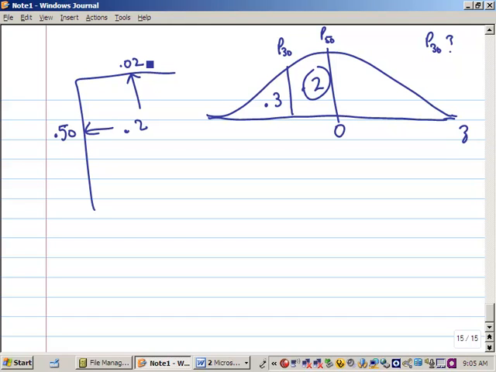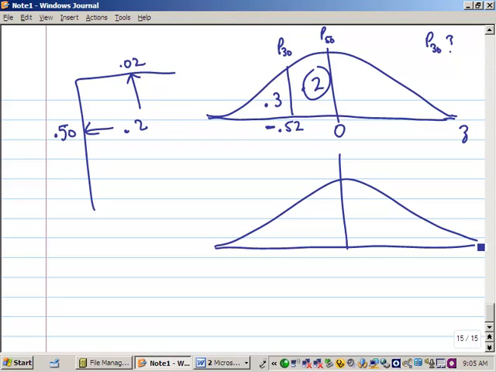It's the 0.5 row, 0.02 column, so our z value is 0.52, but for the fact that it's on the lower side of the normal distribution, so it's a negative 0.52. That's very important, which is why I did the 30th percentile here, not another number above 50.